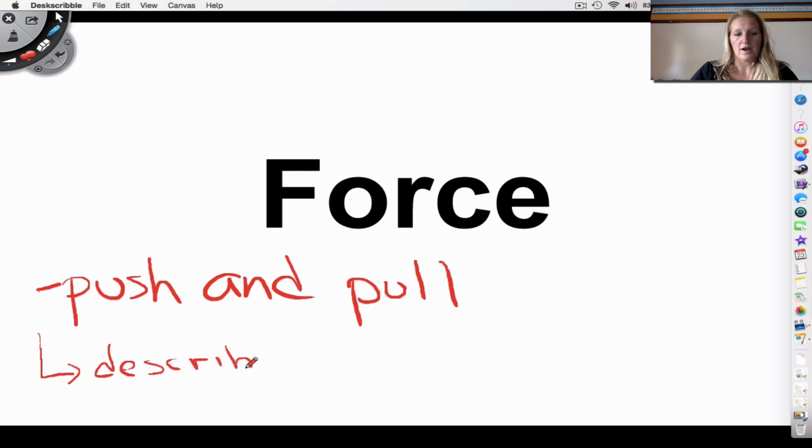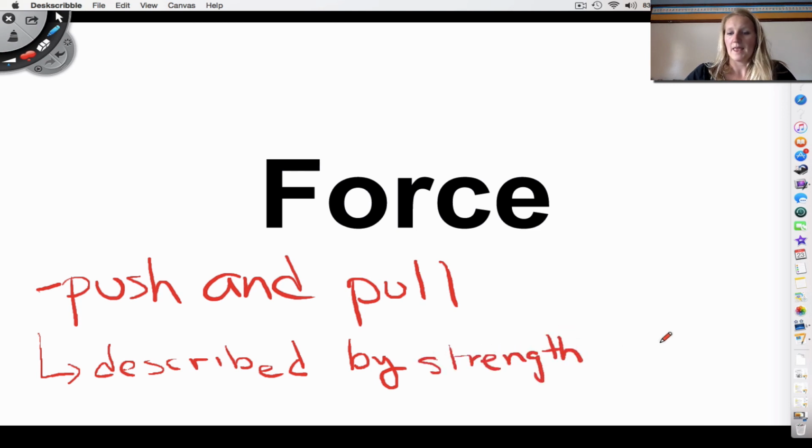The way that we describe it in the scientific community is by recognizing both the strength of the force and the direction of the force. So those are the things that we pay attention to.